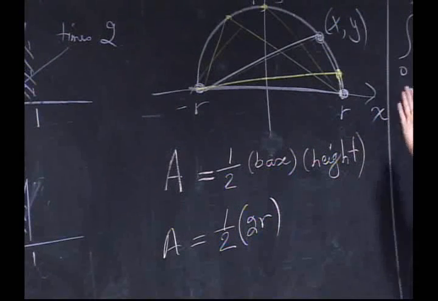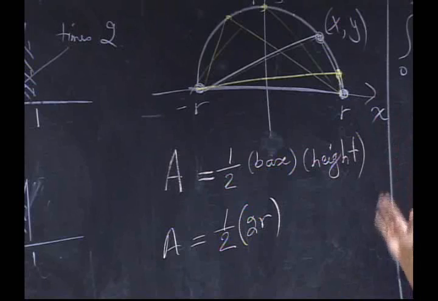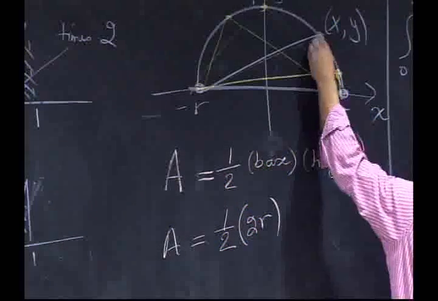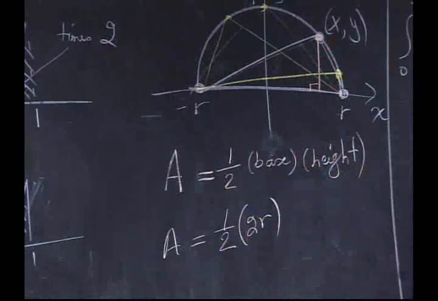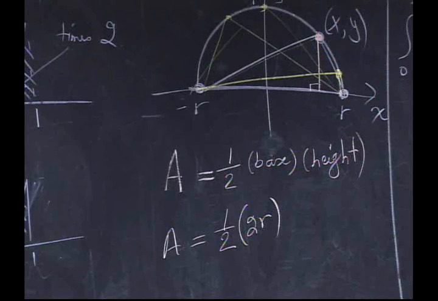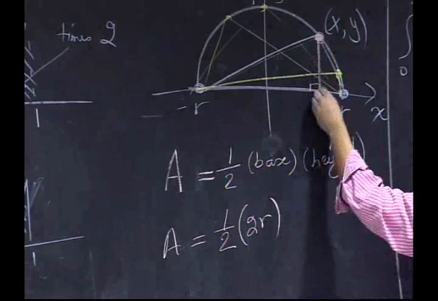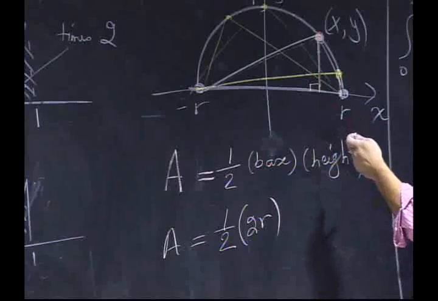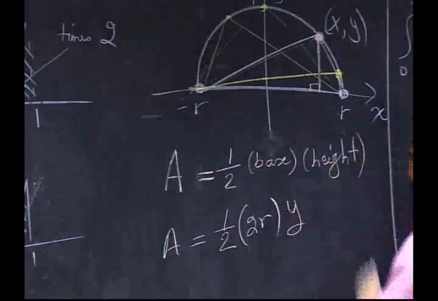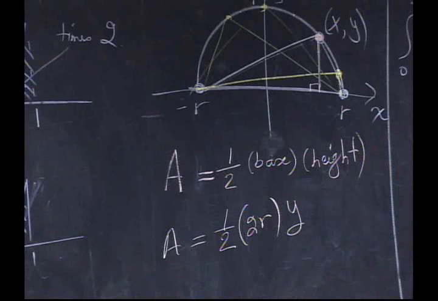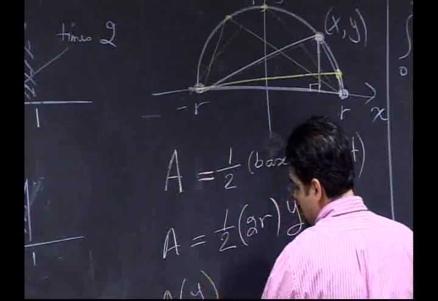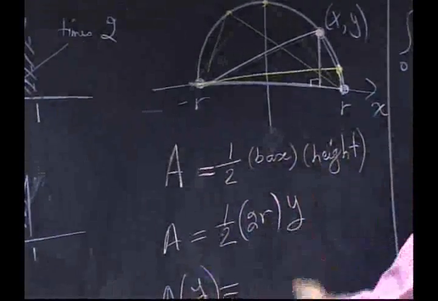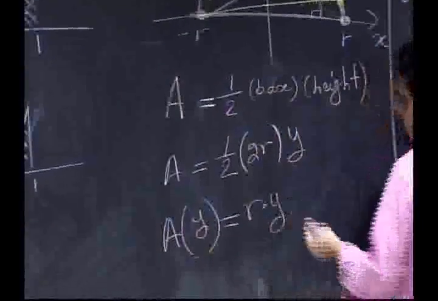The height depends on where the point is, right? So if this is your point right here, the height is measured perpendicular to the base. This length is just y, right? The constraint is already built in. You don't have to write a separate equation for the constraint. And so A is actually just a function of y. R is fixed. So A of y is ry.